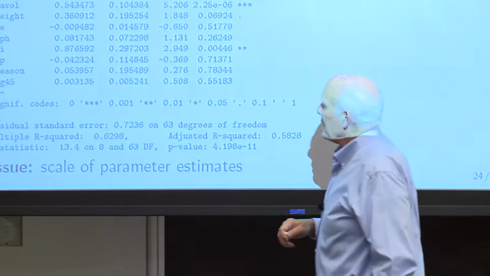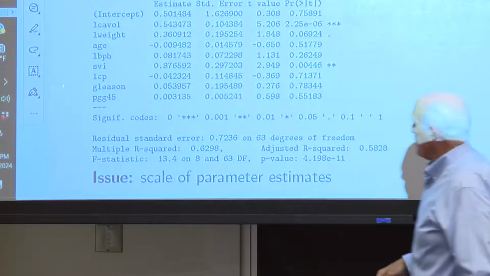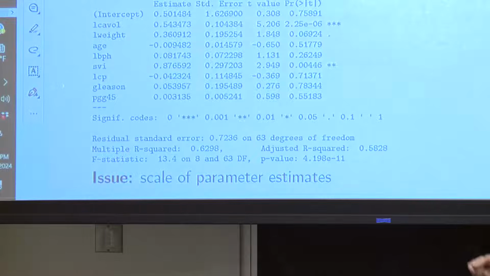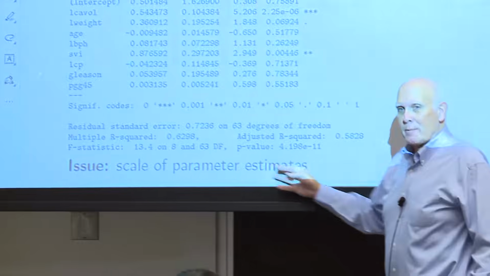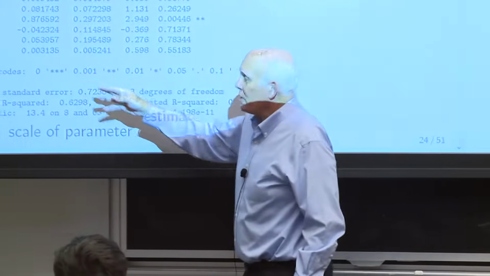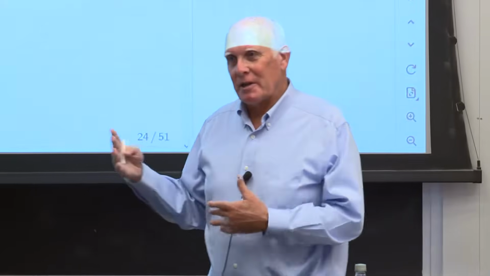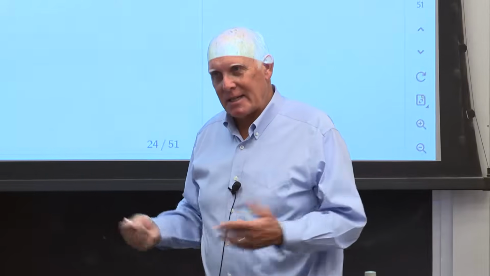Now, in looking at these estimates, one of the challenges is that the scale of the parameter estimates varies depending on the units of the independent variables. In some problems, we have very diverse independent variables in the data set.